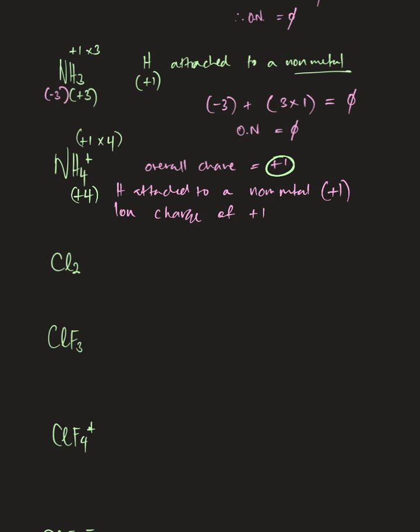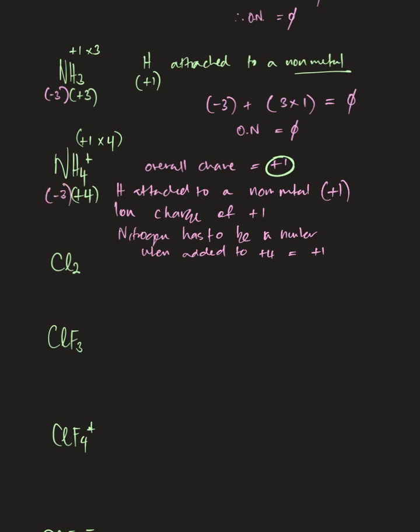So if I'm looking at the nitrogen, it has to be a number that, when added to +4, equals +1. So if I'm looking in terms of integers, that means that my nitrogen has to be negative 3.